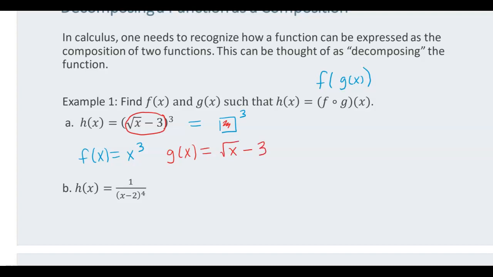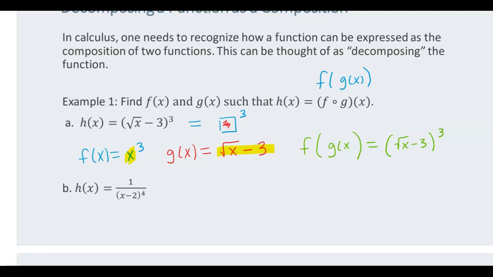When we look at the composition, which is to take one function and plug it into the other, f of g of x, I'm going to take this whole function here and then raise it to the third power, right? I'm going to take that and plug it in right here for x. So I end up getting the square root of x minus 3 raised to the third power, which is the original that we were looking for.